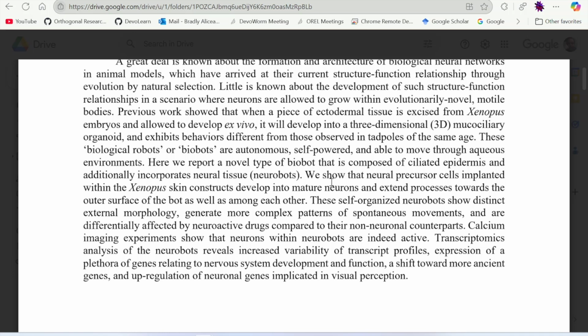And upregulation of neuronal genes implicated in visual perception, which I'm not really sure why that would be, but there may be these genes for perception in sensory neurons that are relevant here. But in any case, it's a very interesting set of experiments.